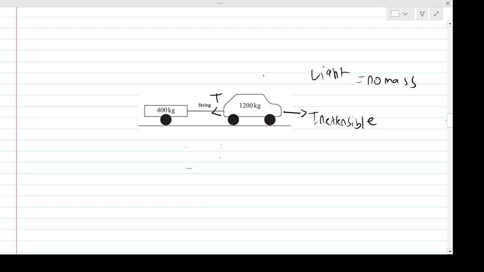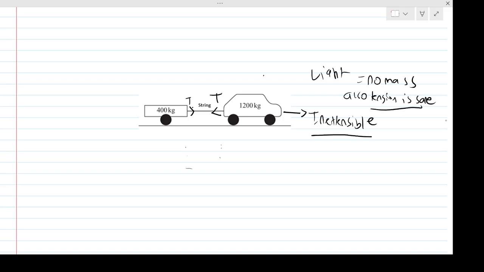When it's light, the tension is the same at both ends of the string, as it connects to two different vehicles. Now, you might expect the force within the string to vary as we go from a lighter vehicle to a heavier one. But when the string is light, it has no mass, so the tension, the force applied throughout the string, is equal. It pulls the two vehicles together with the same force.